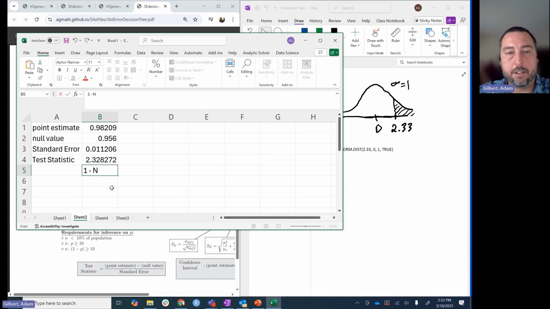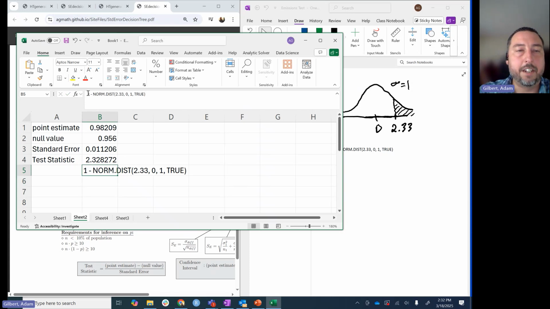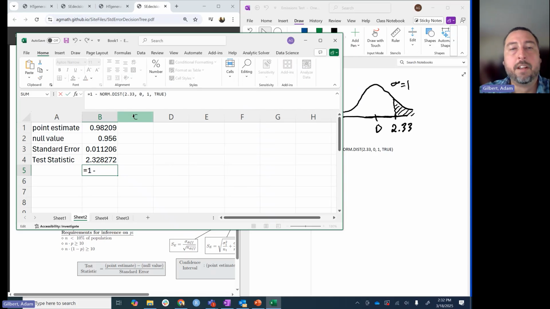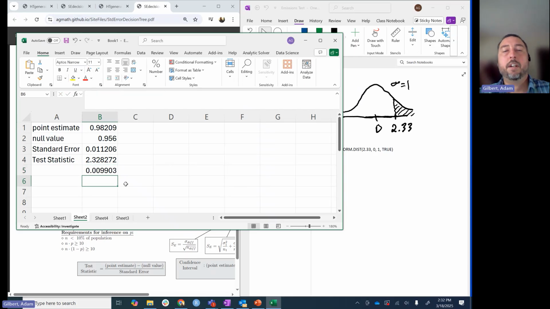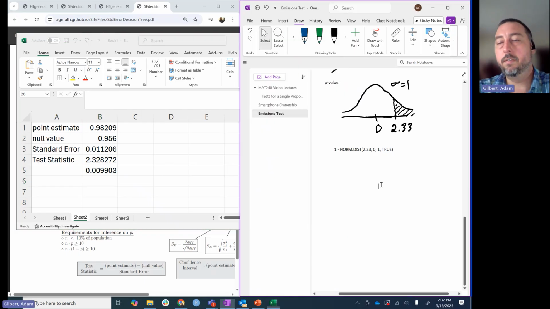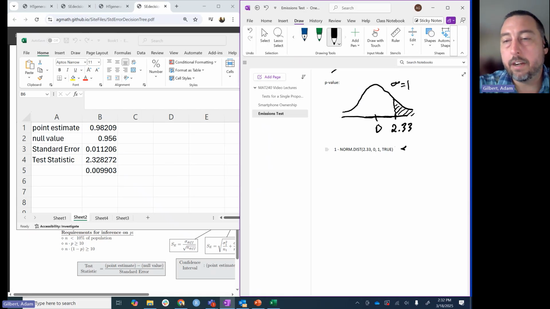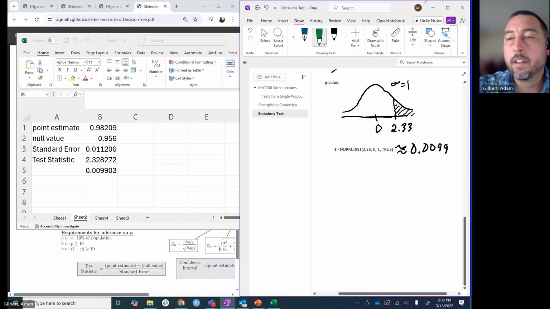So 1 minus NORM.DIST 2.33 with a mean of 0, standard deviation of 1, and TRUE. And again, I forgot to hit the equal sign at the front of this cell. So there we are. So we get 0.0099. So our area here in this tail is approximately 0.0099. And that's that area there.